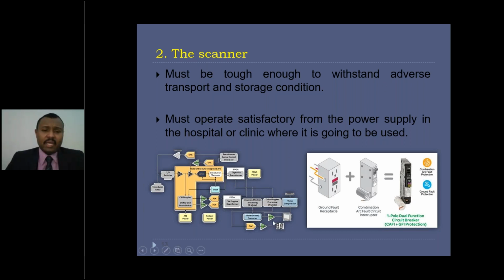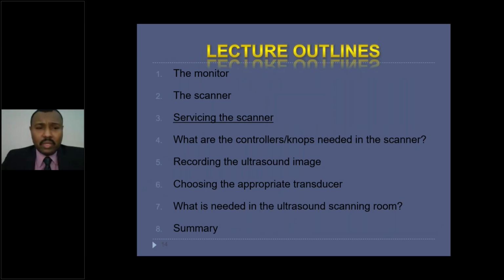And here you can see the block diagram of the electric circuit by which your scanner is connected, starting from the power supply, and then inside this sophisticated circuit of the scanner. So point number one and point number two had been discussed successfully throughout the flow of this lecture.